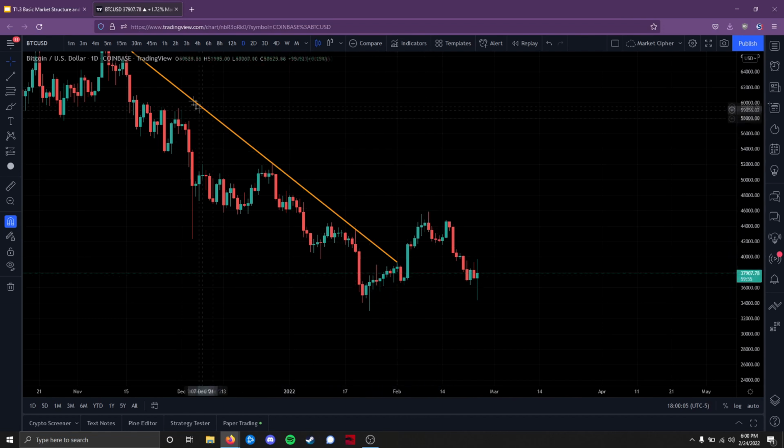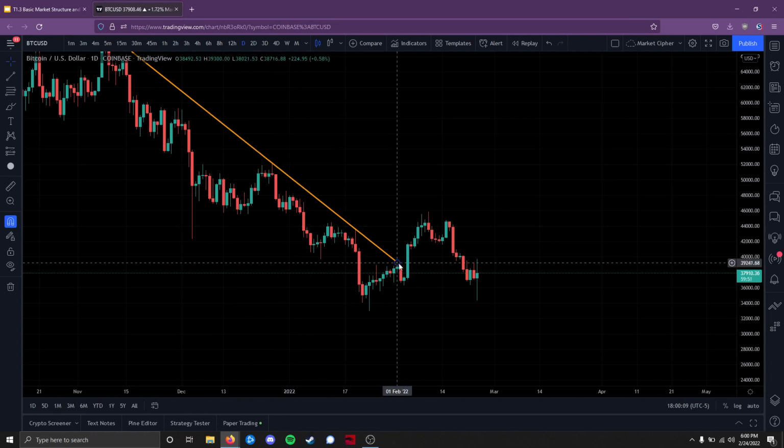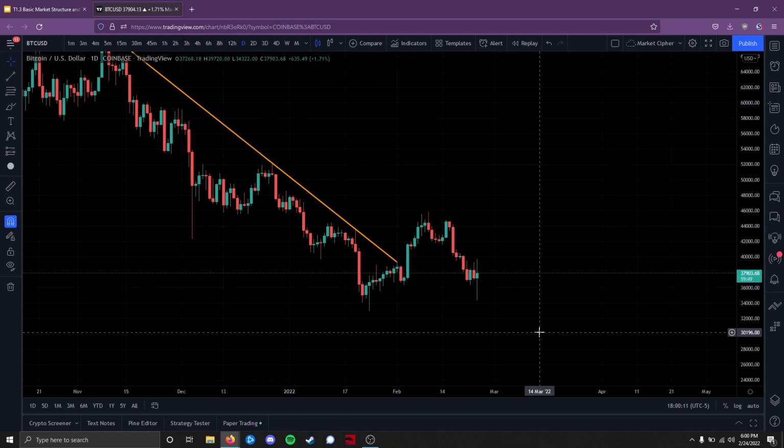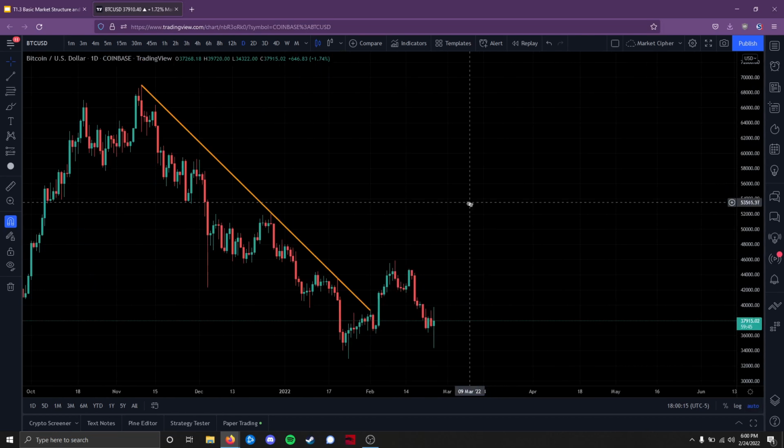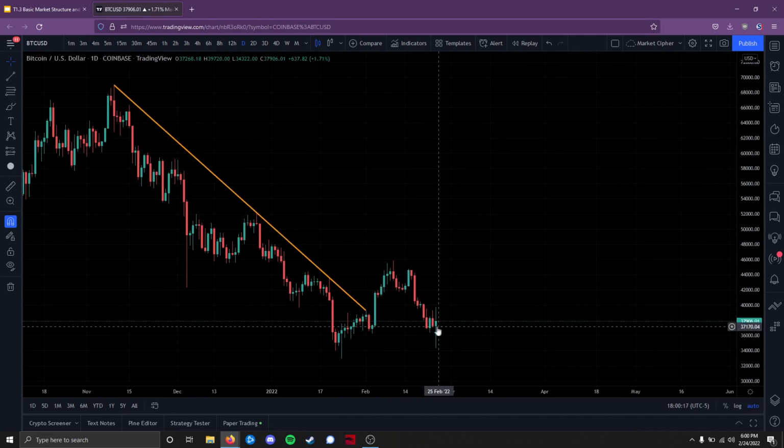So this is when we start to see, all right, this trend line isn't necessarily still valid at this point. We can't necessarily still use this trend line on the present day to say we're still in this downtrend.